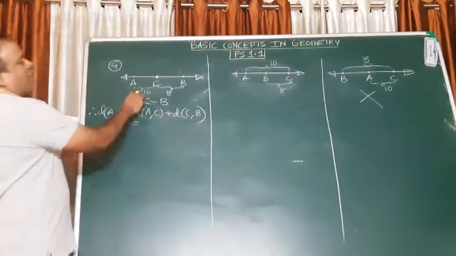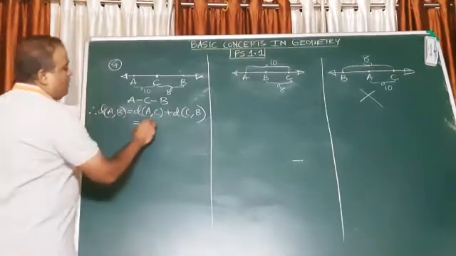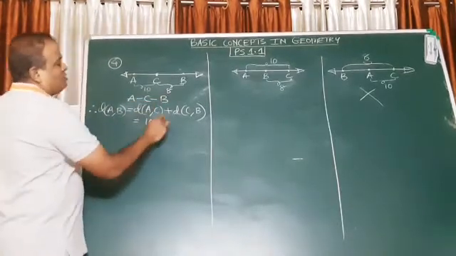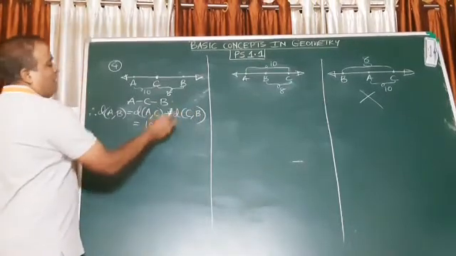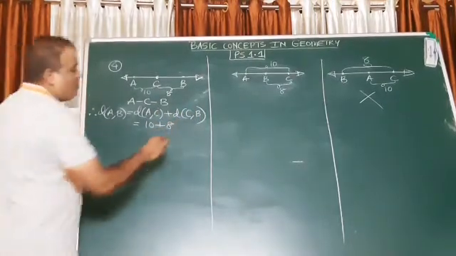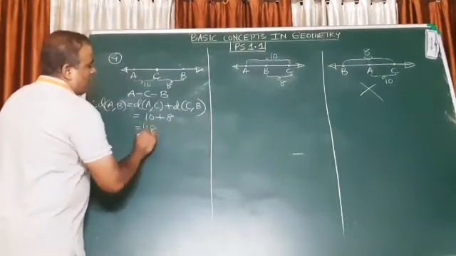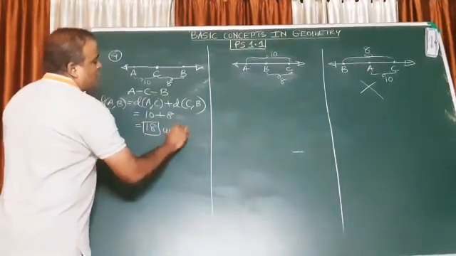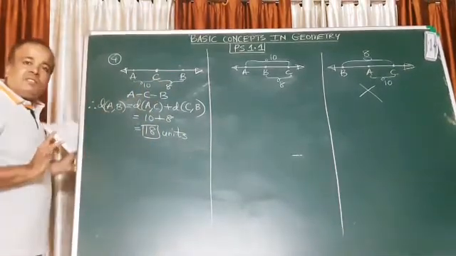So what is the distance between A and C? They are giving you 10. So write 10, plus the distance between C and B. What is C and B? 8. It is given in the textbook. So 10 plus 8 becomes how much? 18. So when C is between A and B, the distance between A and B is 18 units.